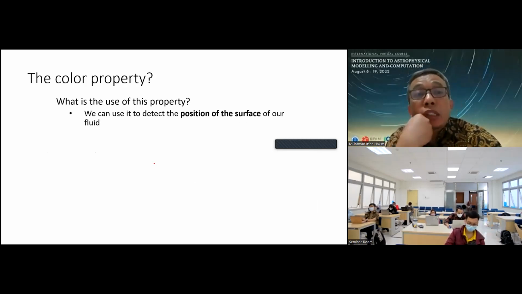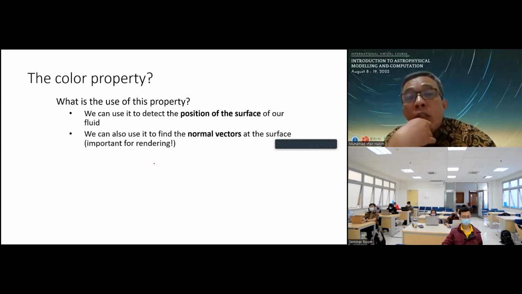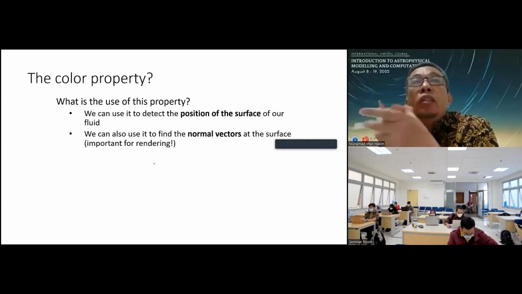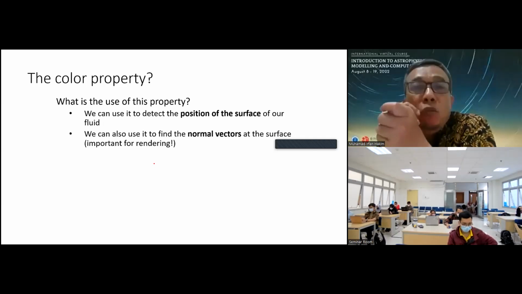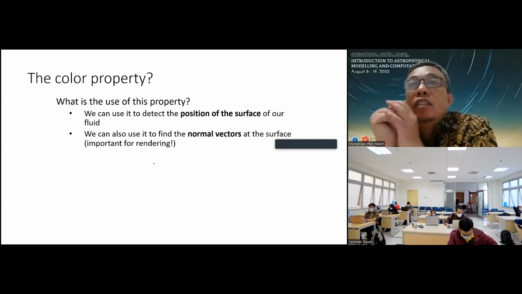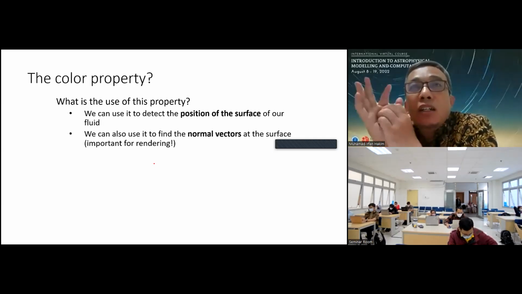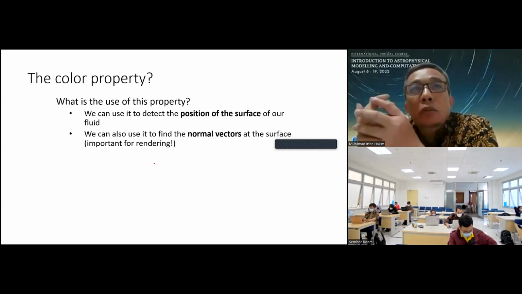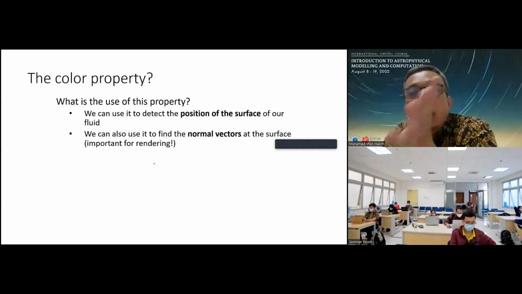Now, the color property. As we mentioned before, we need to interpret the simulation more easily, in a way that we know what is going on in a boundary.